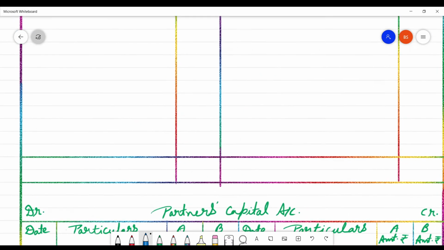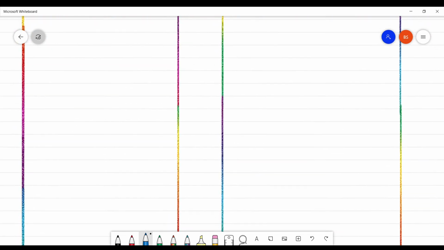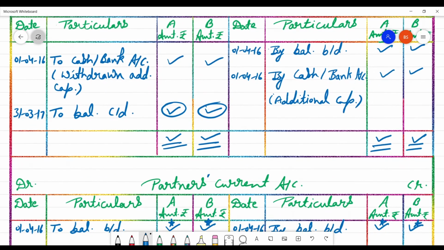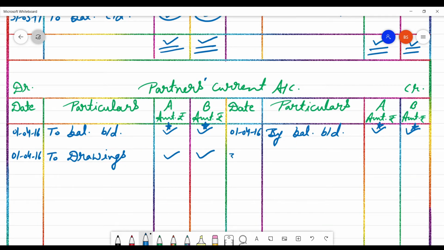Okay. Next, we will post the adjustments, the adjustment of interest on capital. If that is given, then it will be recorded in the partners' current accounts credit side on the last date of the financial year by interest on capital.